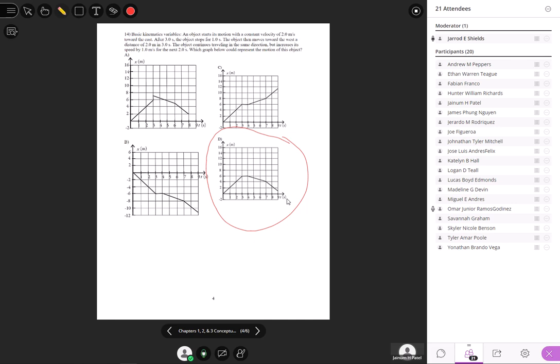Now, you should be able to take a graph and say, all right, what is physically happening with this graph? In other words, in the real world, what would my motion look like? And then you should be able to draw it. You should be able to say, well, it's going this way, and then it turns around and goes this way. And again, that's the whole purpose of this, conceptually, to get you to understand what is going on in the physical world.